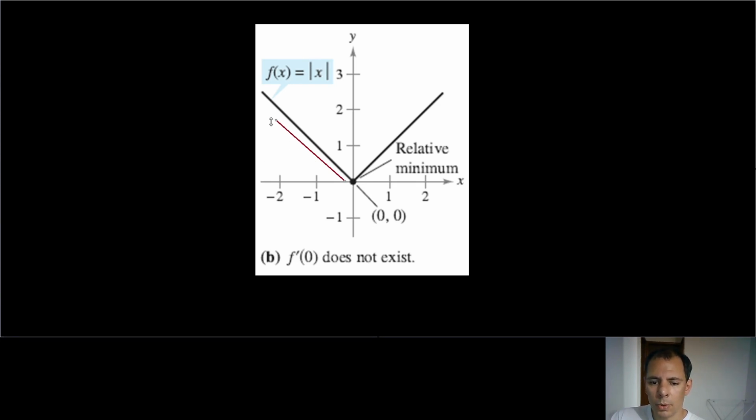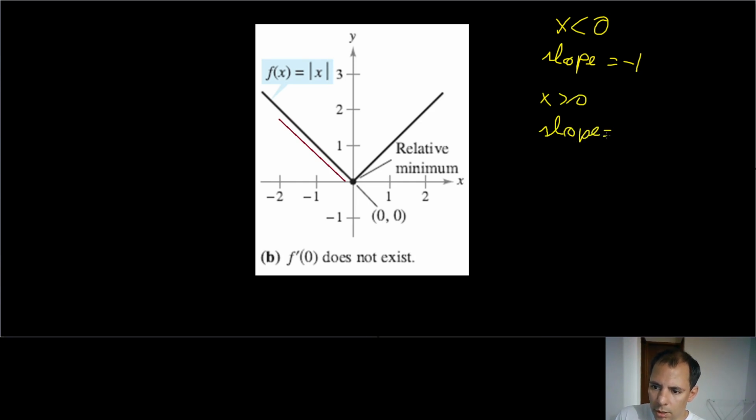Look at the slope in the interval where x is less than 0. The slope in here is -1, okay? For x greater than 0, the slope is 1, because that's the value of the tangent, right?